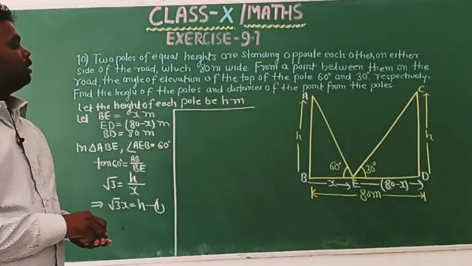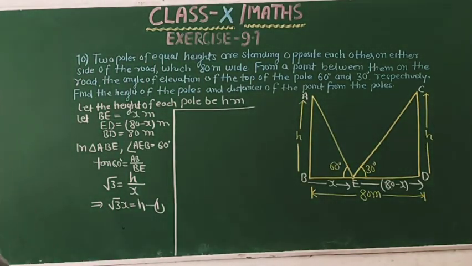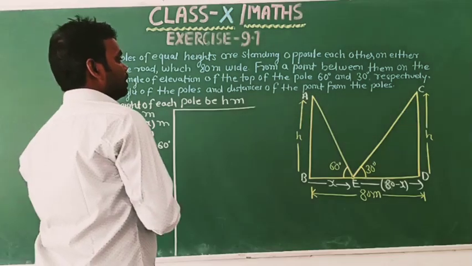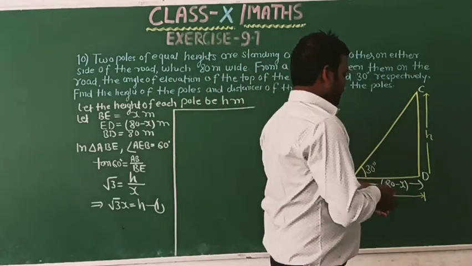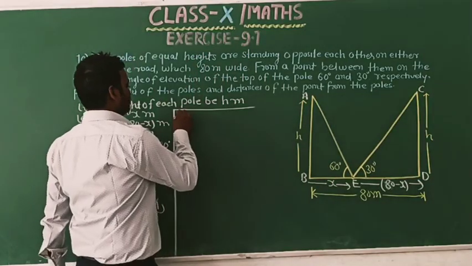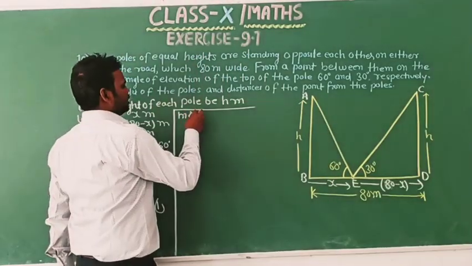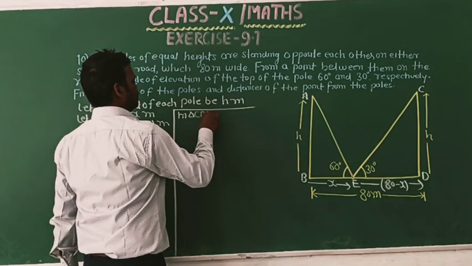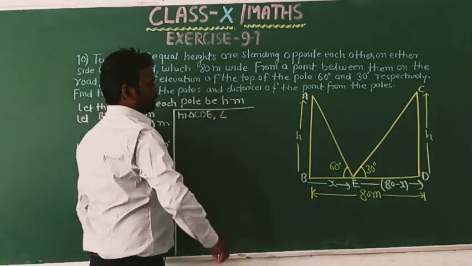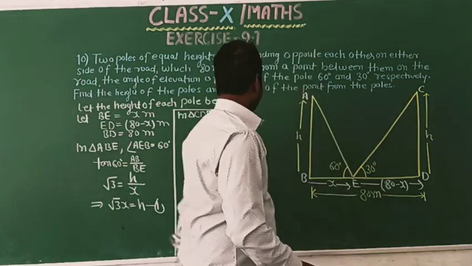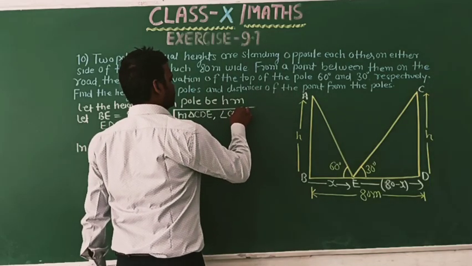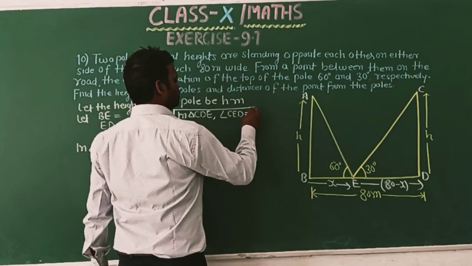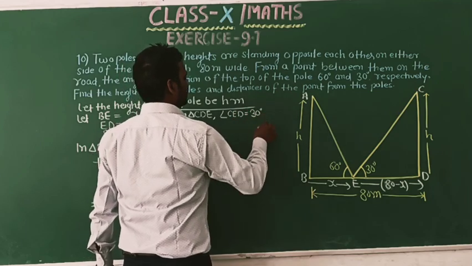And now consider right angle triangle CDE. In right angle triangle CDE, angle CED equal to 30 degree.